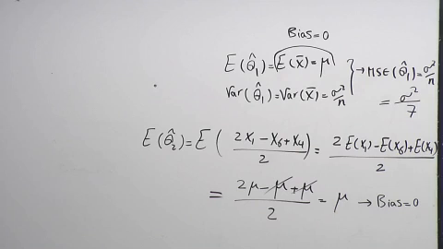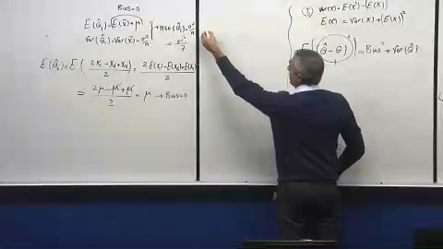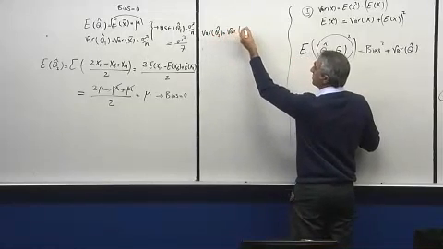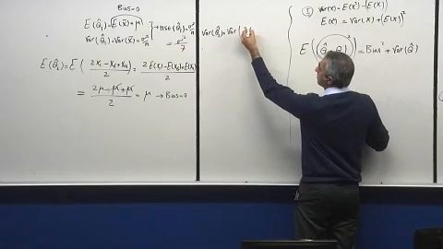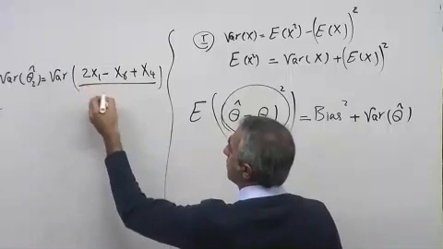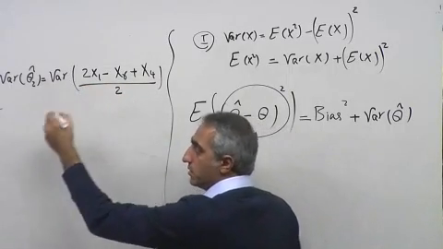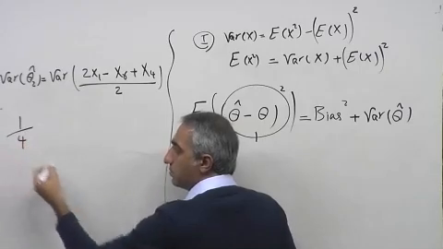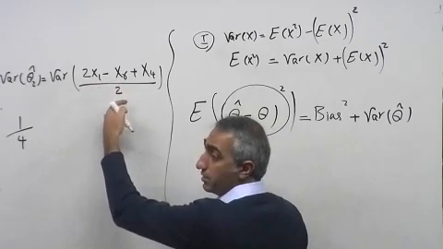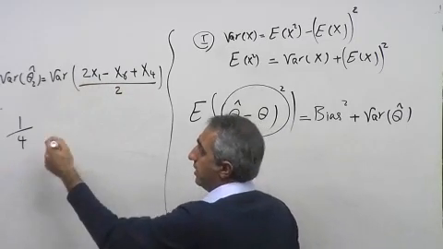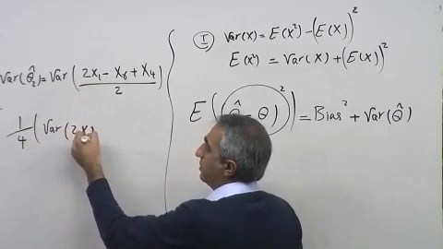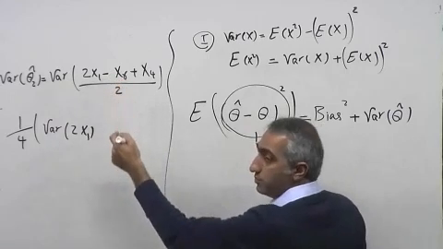How about the variance? The variance of theta hat 2 is the variance of this linear combination. This is a constant, so I can take it out by the square of that. If the constant is a multiplier, I can take it out of the variance by squaring it. Variance of 2x1, this negative would be what?